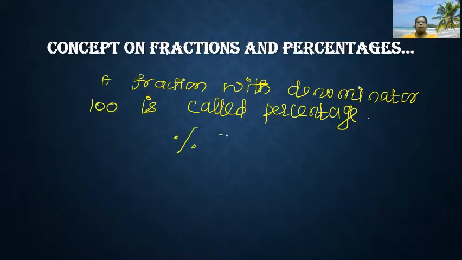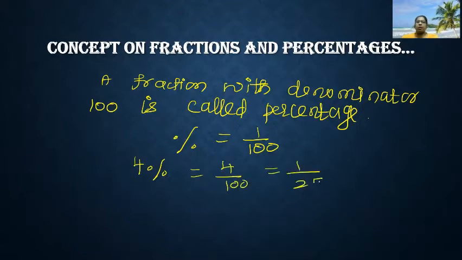So percentage is equal to 1 over 100. Let's convert percentage into a fraction. 4 percentage can be written as 4 by 100, that is 1 by 25. 6% can be written as 6 by 100, that is 3 by 50.